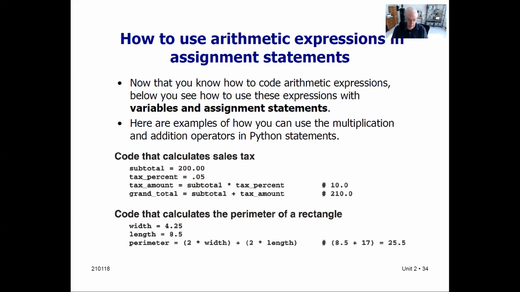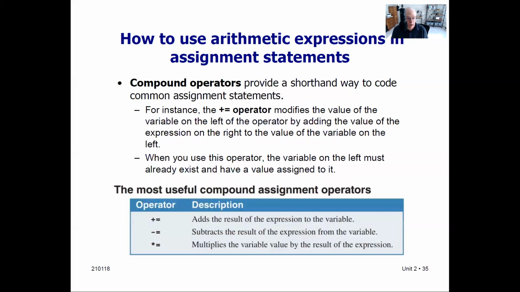And if you look at the inline comment there, 8.5 plus 17 gives us our perimeter of 25.5. So just remember, when we do our math, what's in the parentheses is going to be calculated first from left to right. We have two sets here, so it's going to be from left to right as it goes across doing the calculation.